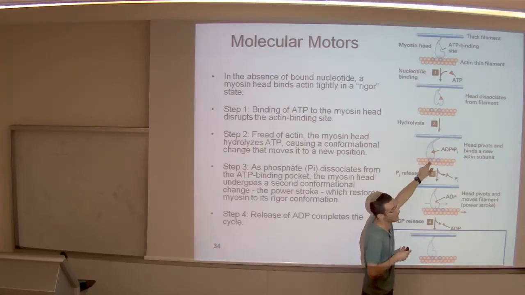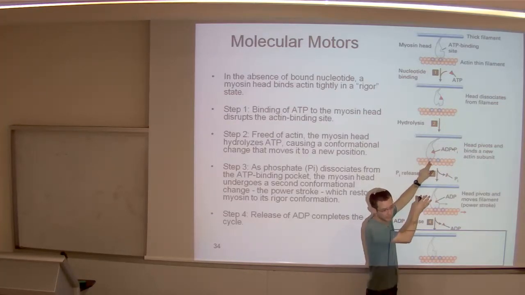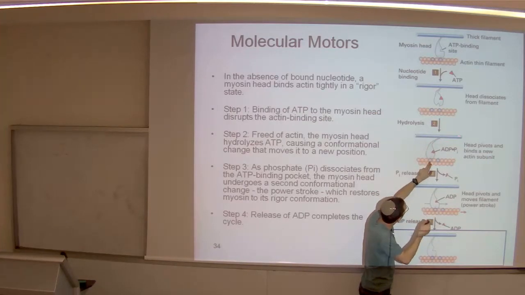Up till now we had no movement between the two filaments, right? Just a series of conformational changes in the myosin head. But what good is it for us? We still didn't move the thin filament compared to the thick one. So are you ready for the movement?